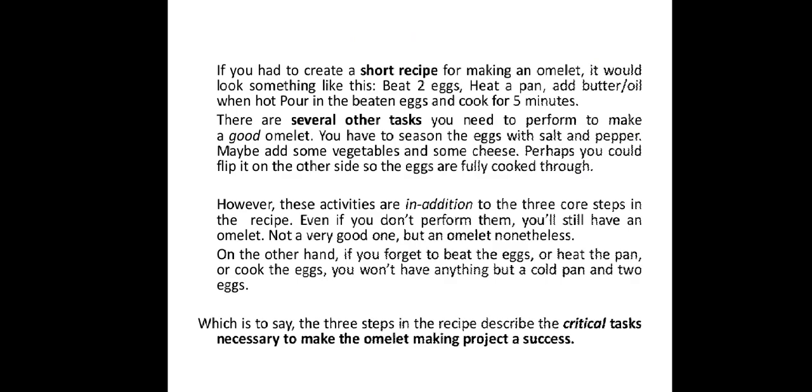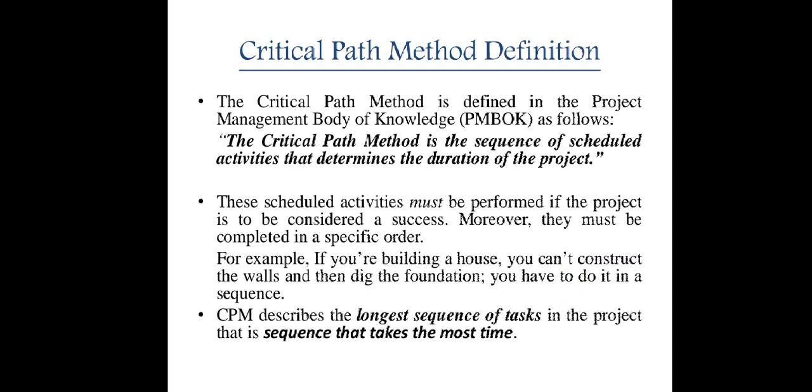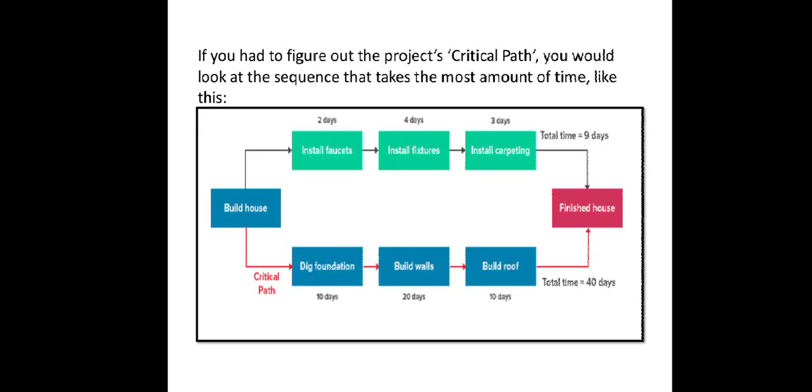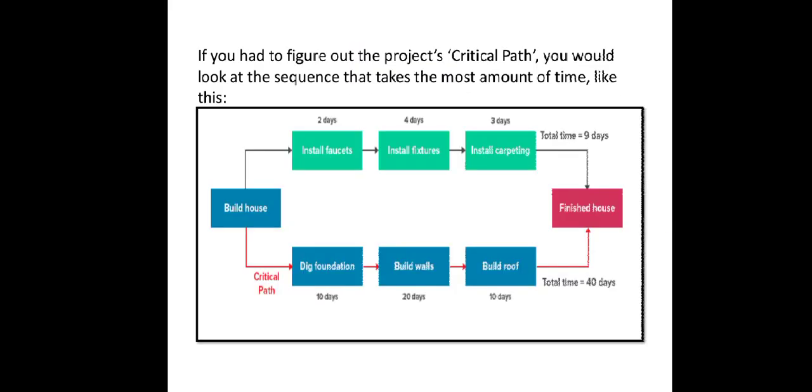Now when you observe the total time, for non-core activities it is 9 days, for core activities it is 40 days. So which is maximum? 40 days is the maximum. So that is what the definition is telling. So always critical path method defines the most time taken, the longest sequence of tasks. So here which is the longest sequence of tasks?